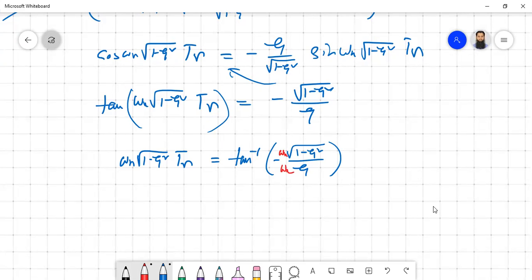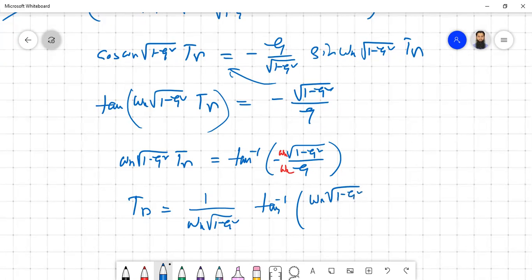So what we will get here is tr equal to 1 by omega n root over 1 minus zeta square, then tan inverse of two parameters: omega n root over 1 minus zeta square and zeta omega n. There should be a negative sign as well.